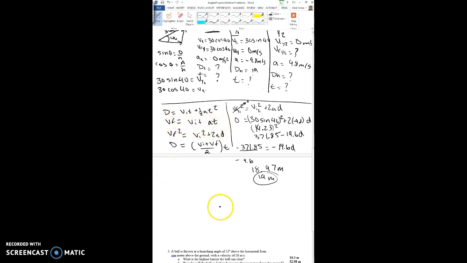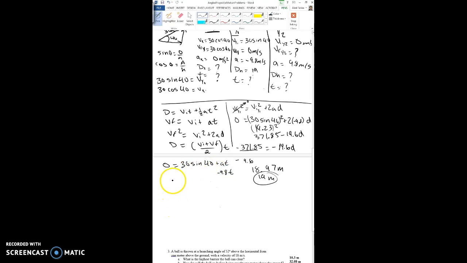So let's do that. So final velocity 0 is equal to the initial velocity in y1, which is 30 sine 40, plus at. So we know acceleration is negative 9.8 times time.